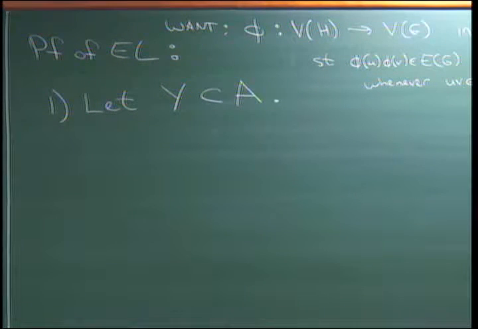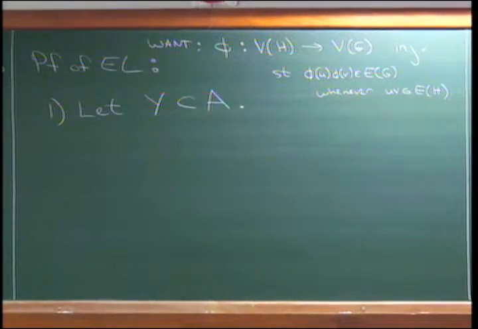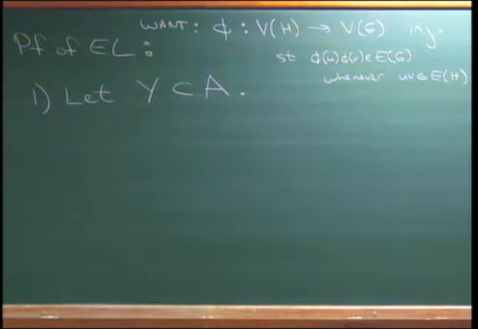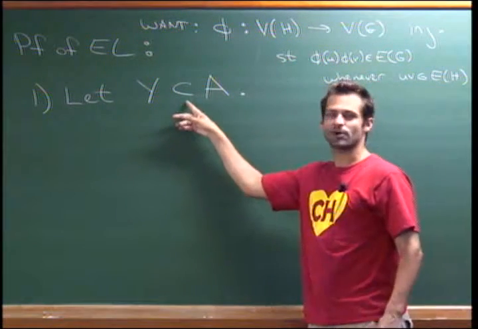Is that okay? I'm not sure how formal to be with this proof. I always feel that if you're too formal, then you get lost in the technicalities. But I'm always a little worried with this proof that if I just wave my hands, then no one will understand what's going on. So this is formally what's going on, but this is informally what's going on.